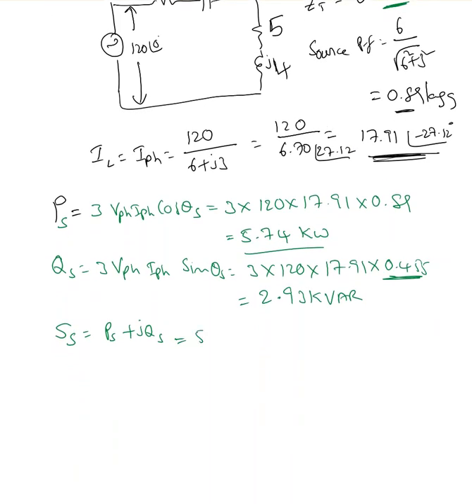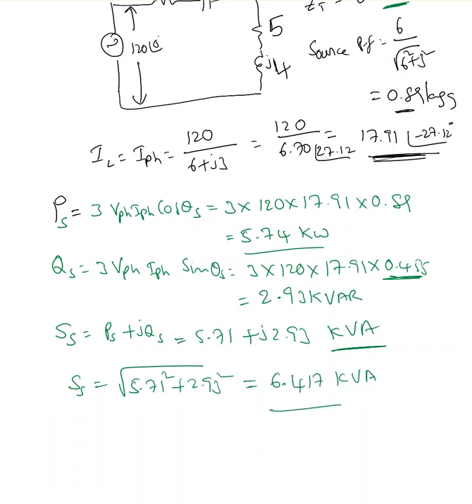Which is 5.71 plus j2.93 kVA. Once you have SS, the apparent power is the square root of 5.71 squared plus 2.93 squared, which will be 6.417 kVA. So these are the source quantities.